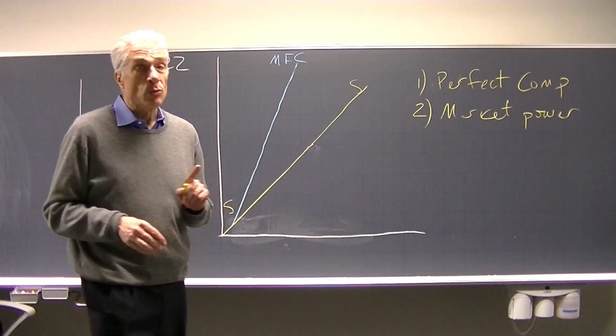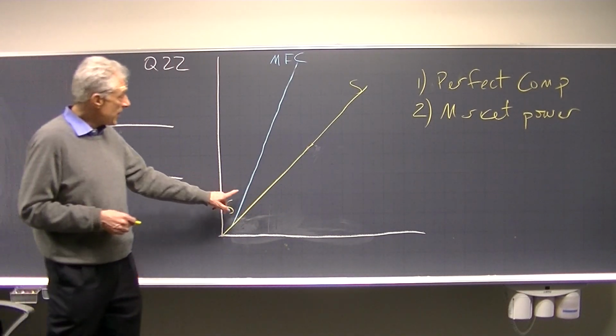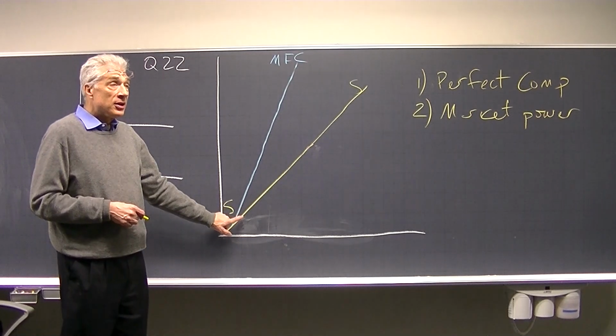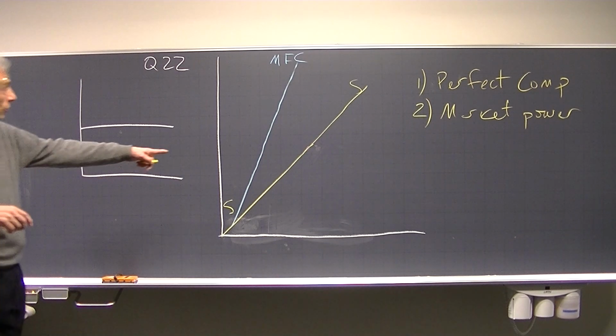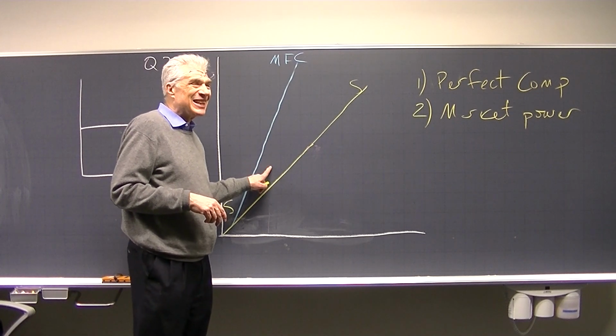There's something that was not clear. That is the marginal factor cost. Think about it the same way as you have a demand curve and a marginal revenue curve for a firm with market power. This is the marginal revenue for a firm with market power. They can control it, which means they can control their marginal revenue. Here they can control their marginal cost.